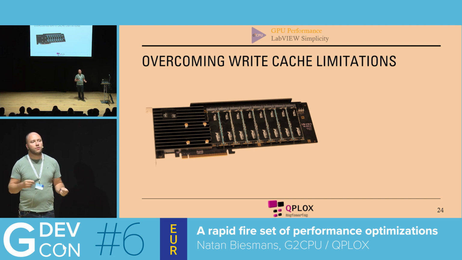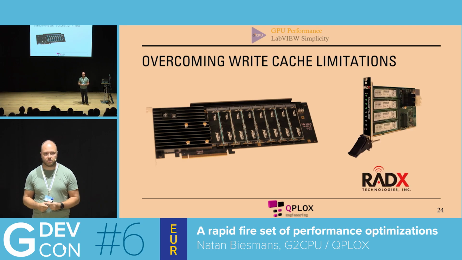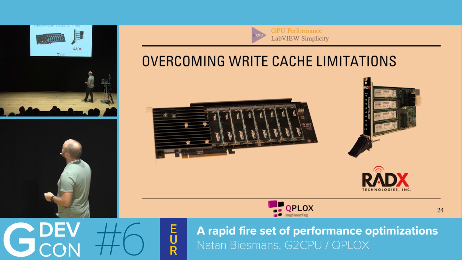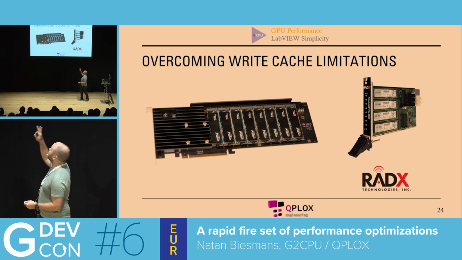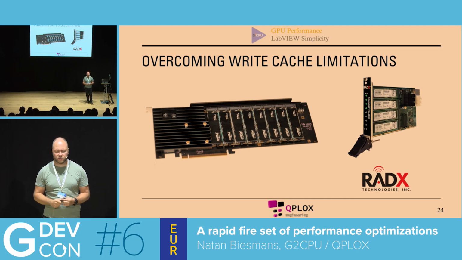If we're below that cache exhaustion speed, it never drops its performance. This is a solution for PCIe. Radix Technologies also makes RAID solutions for PXIs. Everything from in-slot to even external ones that hook into the PXI, which go up to a petabyte. So you can write for an extremely long time.